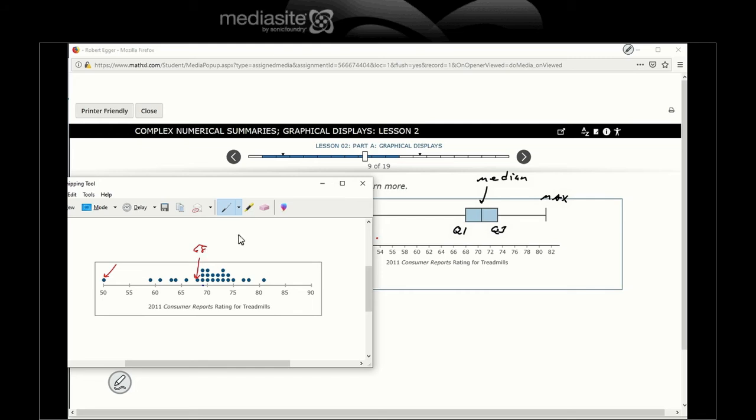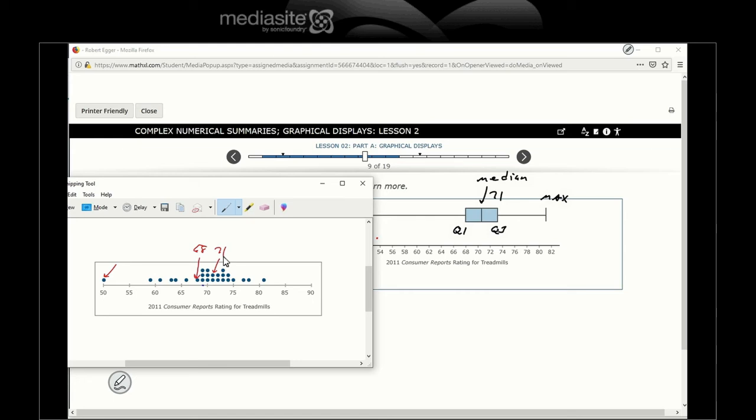Between quartile 1 and median, which looks to be 71, that's another 25% of all the data points.